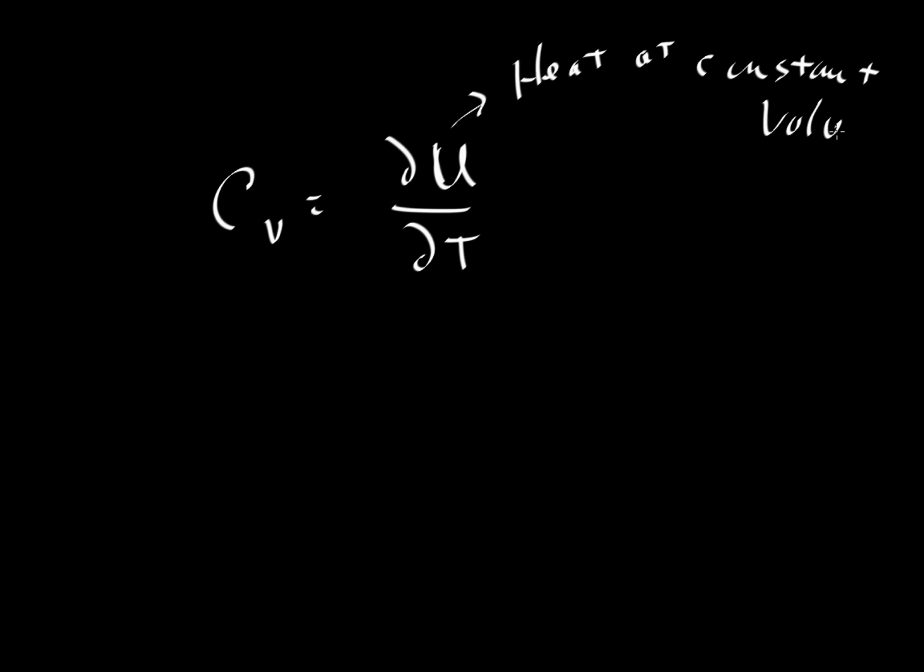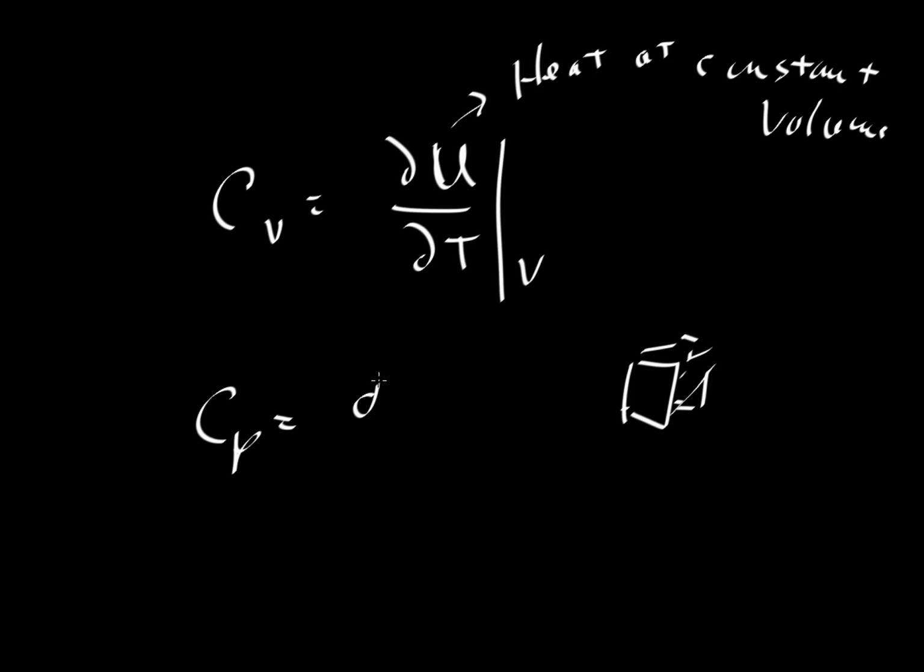This dU term makes it look a little mysterious, but there's really nothing mysterious about it. Look at the heat change when you have some fixed container and the sides are very rigid, it cannot be deformed, and so we look at how the system absorbs heat and how the temperature changes when the whole thing does not change in size, does not expand or contract, whereas C sub P is the amount of heat at constant pressure that affects some change in temperature.